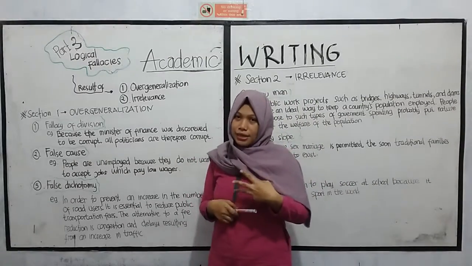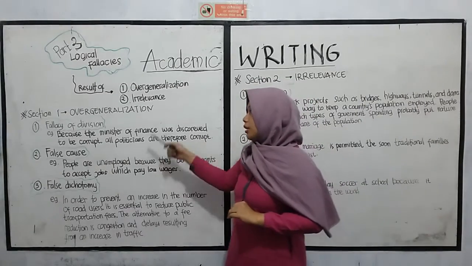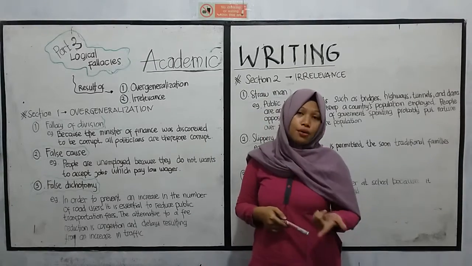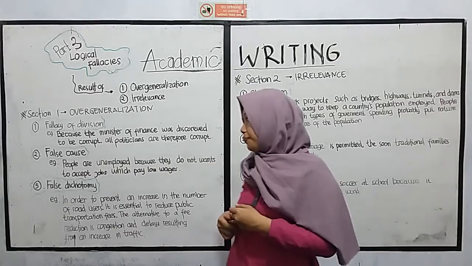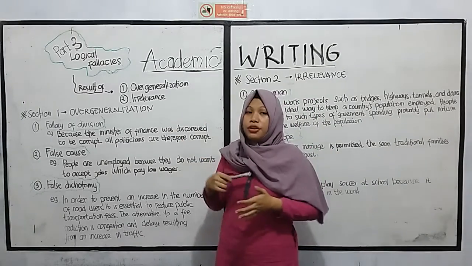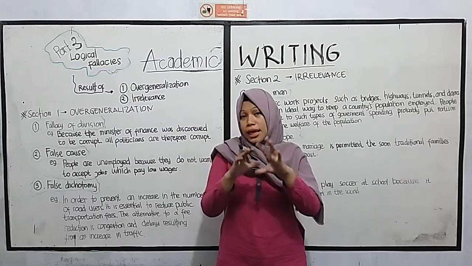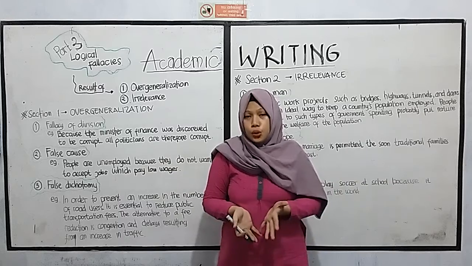There are three kinds of logical fallacies here. The first is fallacy of division, the second is false cause, and the third is false dichotomy. Fallacy of division is when a characteristic of a small sample is inaccurately transferred to a whole or to large groups.